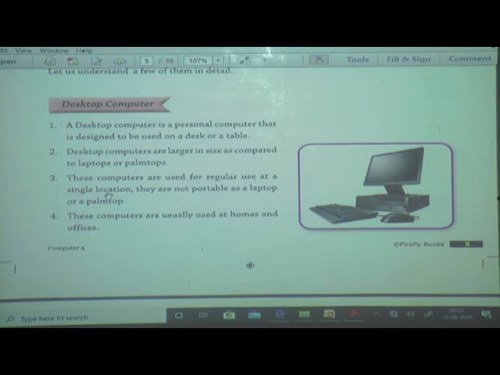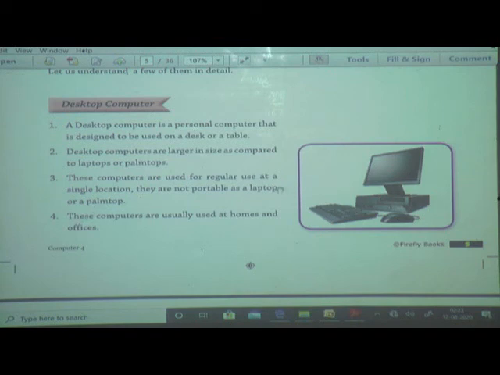You can see that we can move these parts. Is it easy to move? No, it is not easy to move all these parts. If we move them, there is a chance they will be damaged. So we can't move them; they are not portable. Portable means what? We can move it. Desktop computers are not portable like laptops.